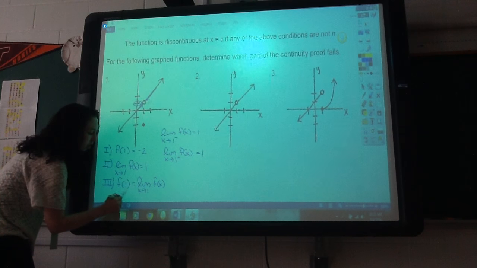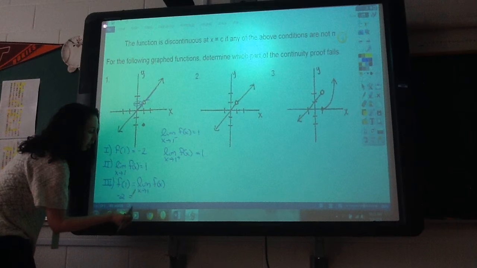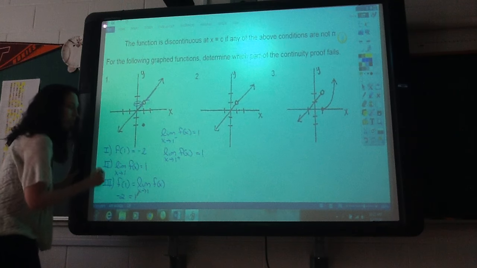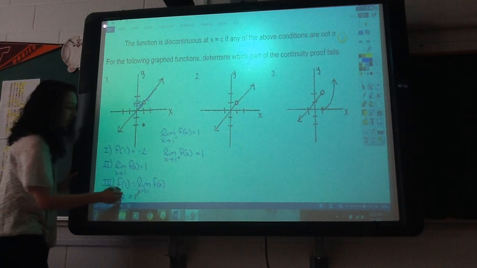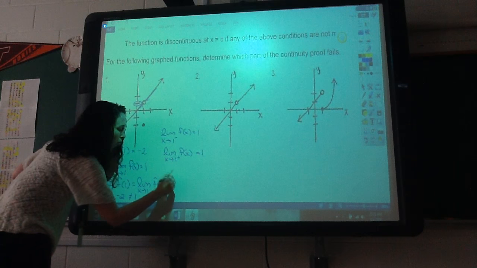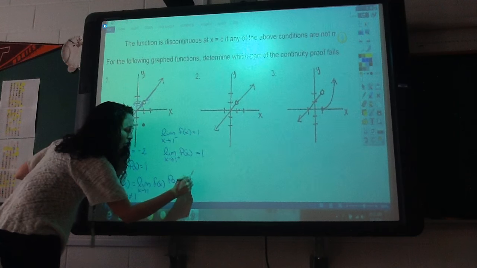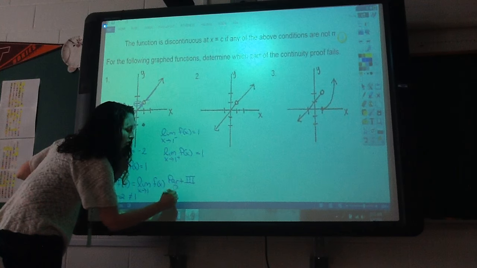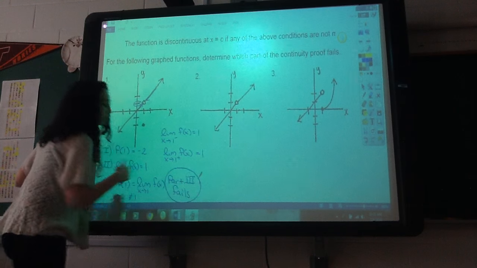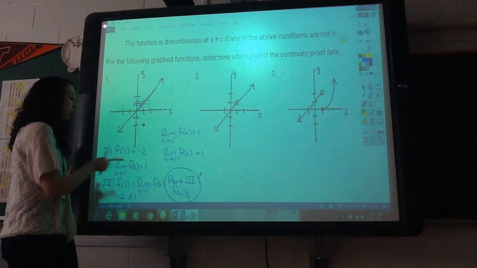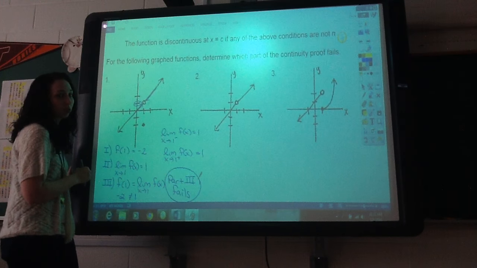Well, the function value is -2 and the limit is 1. Are those equal? No, they're not. So then you would say part 3 fails. So they're not continuous because part 3 of our proof fails.